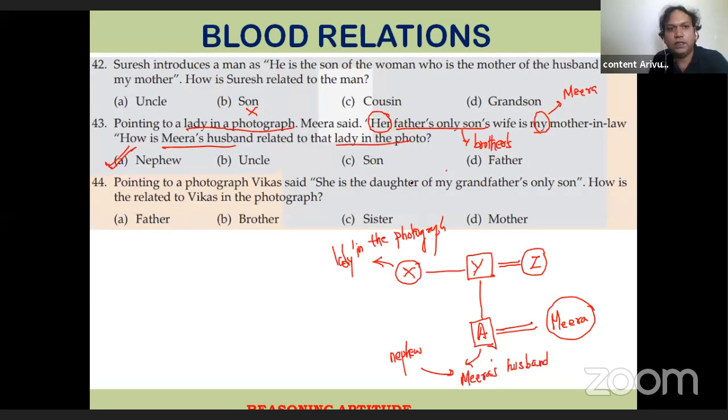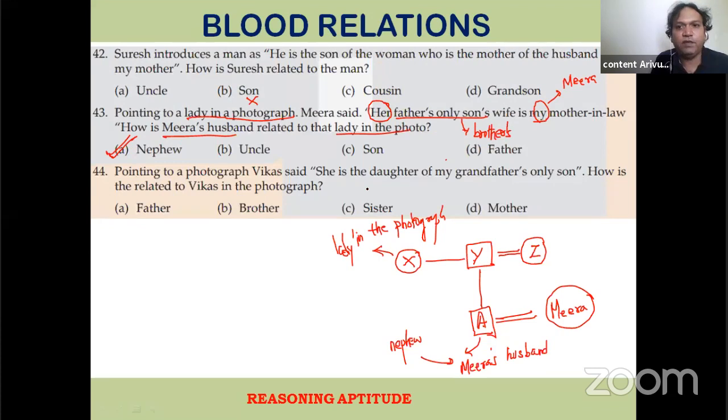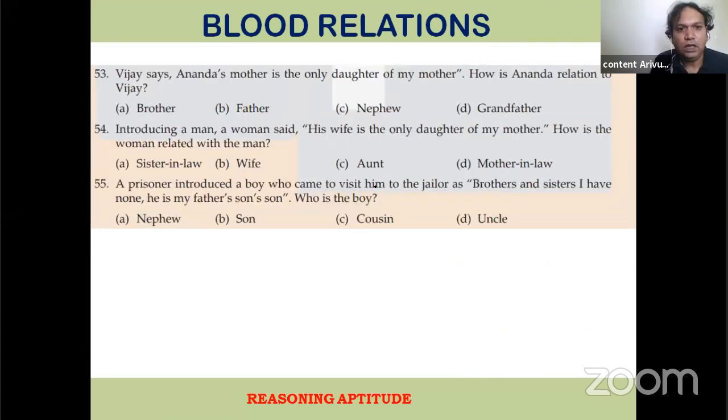Okay, so let's see the next three questions: 53, 54, 55. Again, these are all based on the same type, pointing at a photograph kind of question. So please look at question 53, 54, 55, and solve and type the answers.